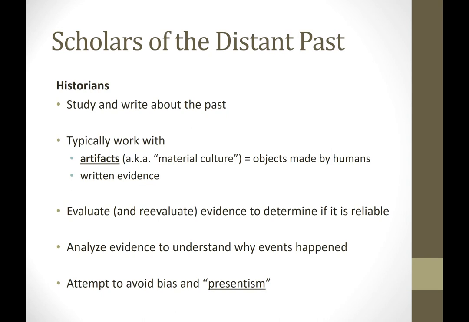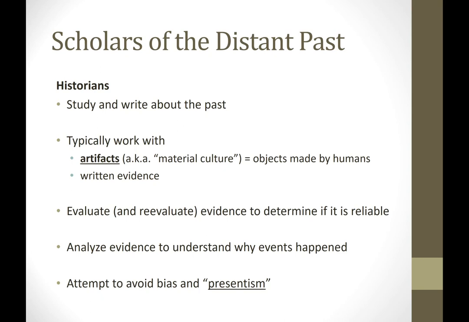Presentism, as you see underlined there, is a specific form of bias. It's a type of bias that historians can often display. It's a form of bias where we accidentally attribute the way things are today back on people from earlier eras. Okay? We assume that the way things are now has to apply the same way to people from the ancient world.